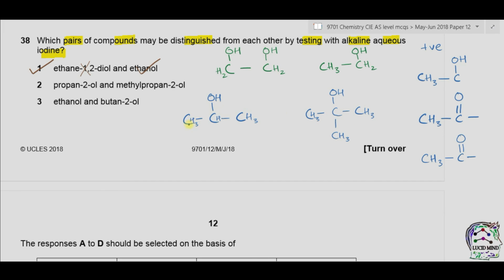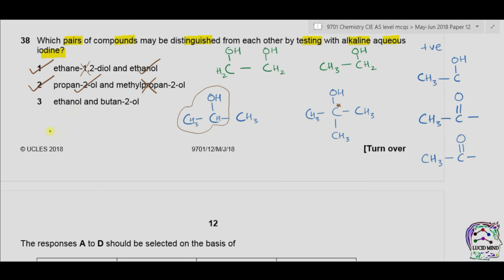As in propane 2-ol we have CH3 attached to the carbon atom having OH, it will give a positive result with alkaline aqueous iodine. In methyl propane 2-ol we have a tertiary alcohol as this carbon is attached to 3 other carbon atoms, so oxidation of tertiary alcohol does not take place. It won't give a positive result with alkaline aqueous iodine, so we can differentiate these two based on this test.